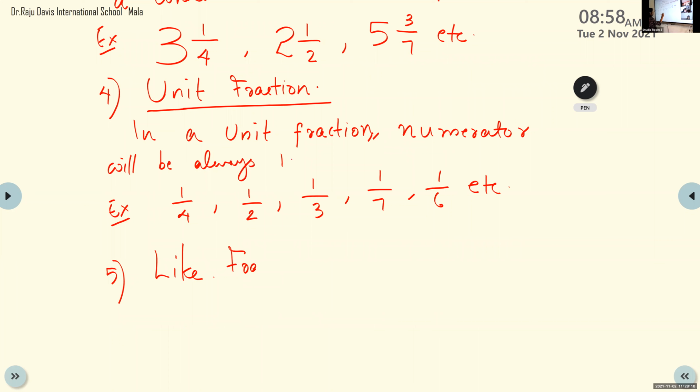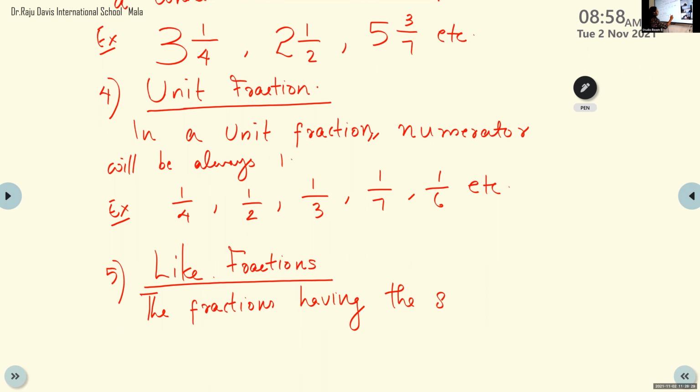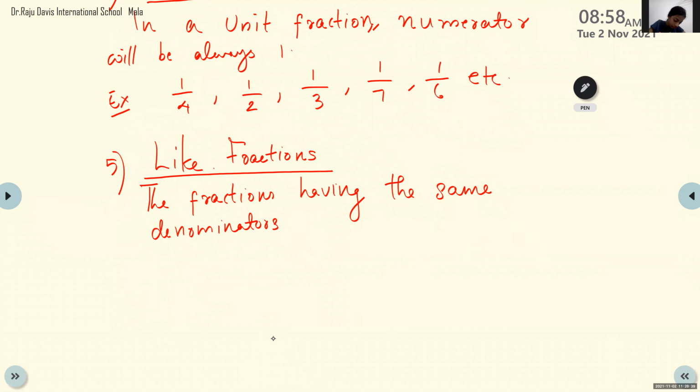What do you mean by like fractions? Fractions having the same denominator are known as like fractions.